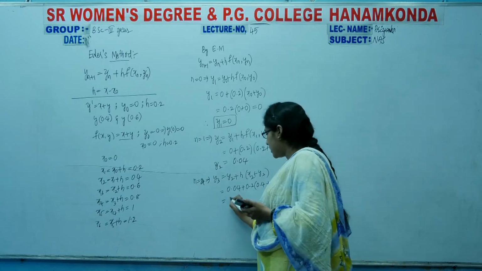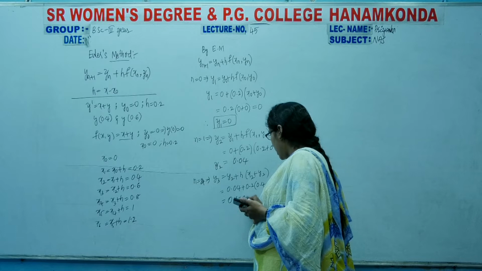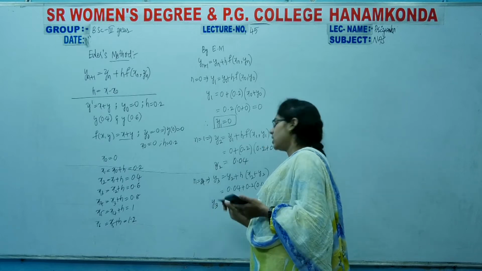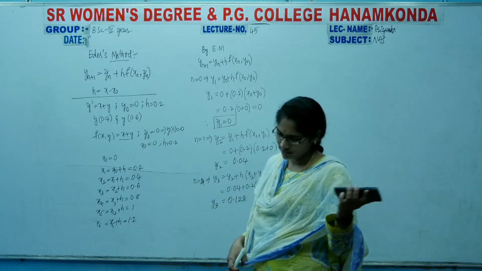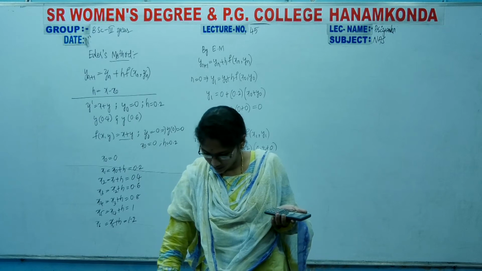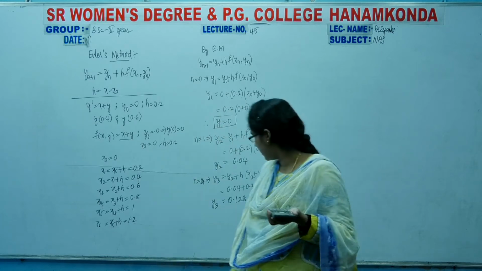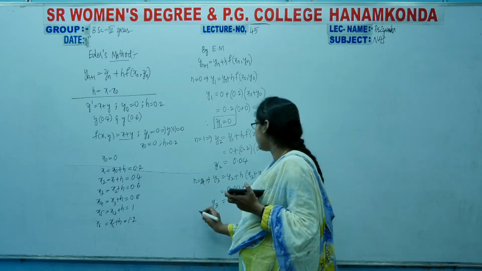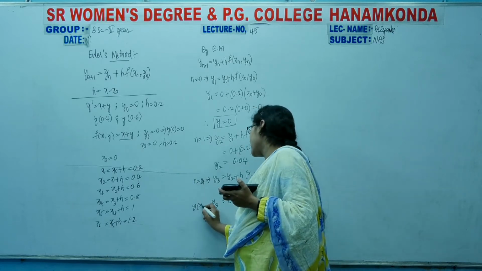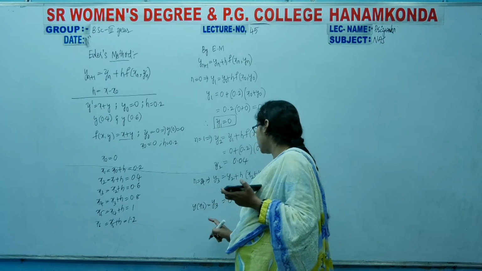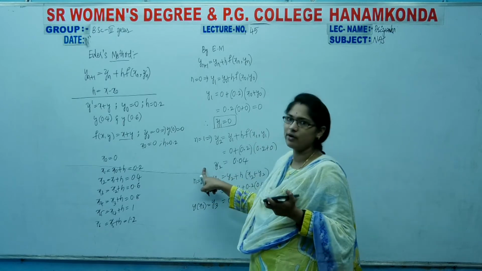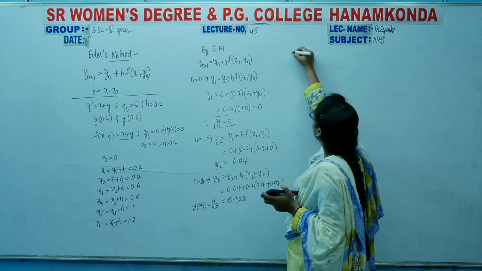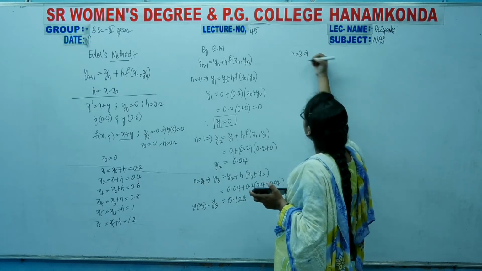It is nothing but 0.128, which is the value of y3. Comparing the values, we got the correct answer. So here we mention y of x3 is equal to y3 is equal to this one, and so on.